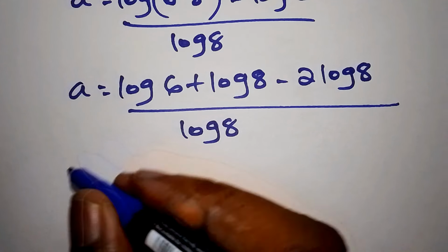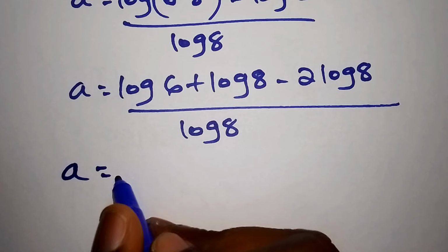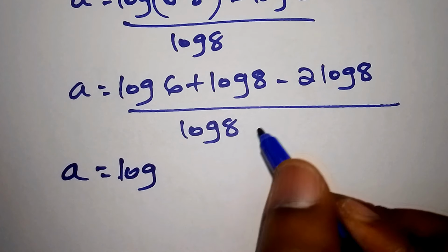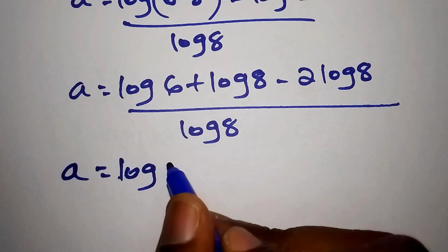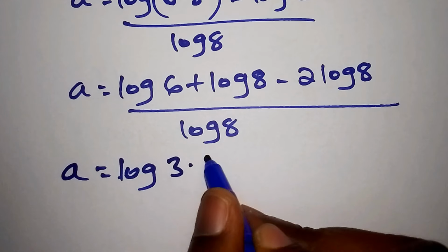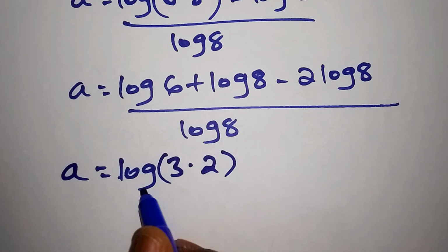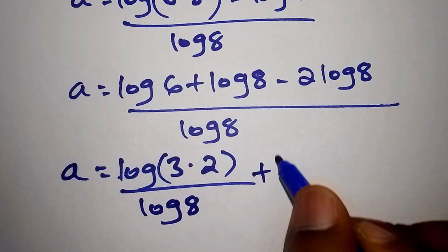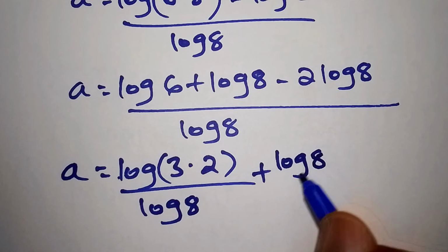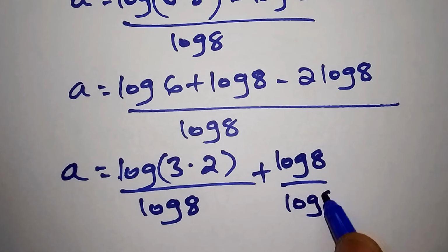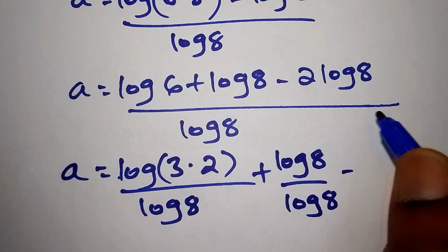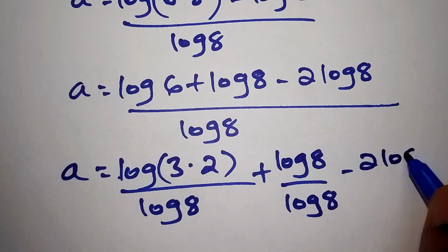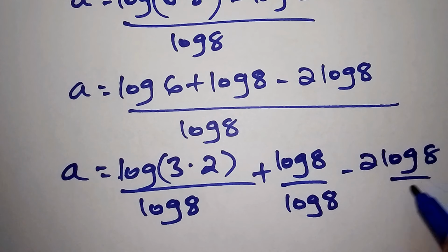Then the next step, the value for a is equal to, we divide through by the log of 8. The log of 6 can be written as the log of 3 multiplied by 2, over the log of 8, plus log 8 over log 8, minus 2 log 8 over log 8.